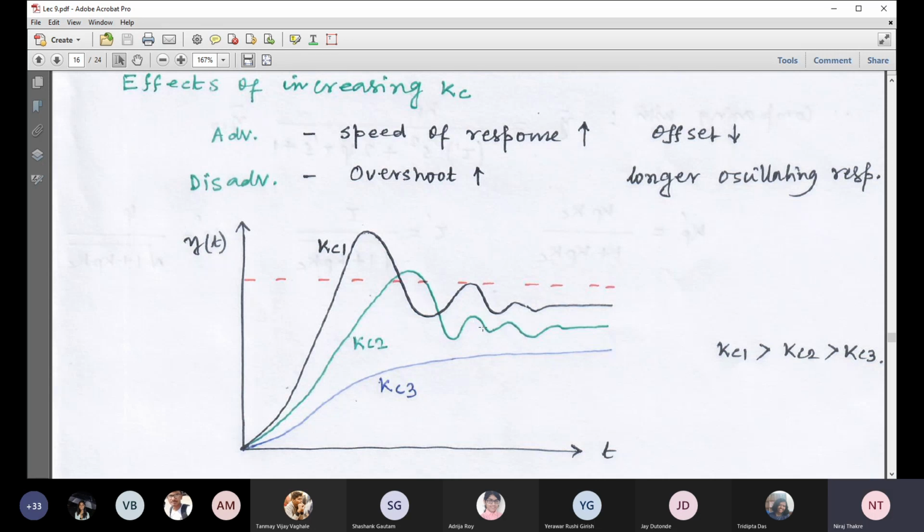That means the green color will reach the steady state earlier than the black one, as you saw through this plot. Got it? Yes. That's why I told you to make one horizontal line from here itself. That means it reaches the steady state faster than the black one.